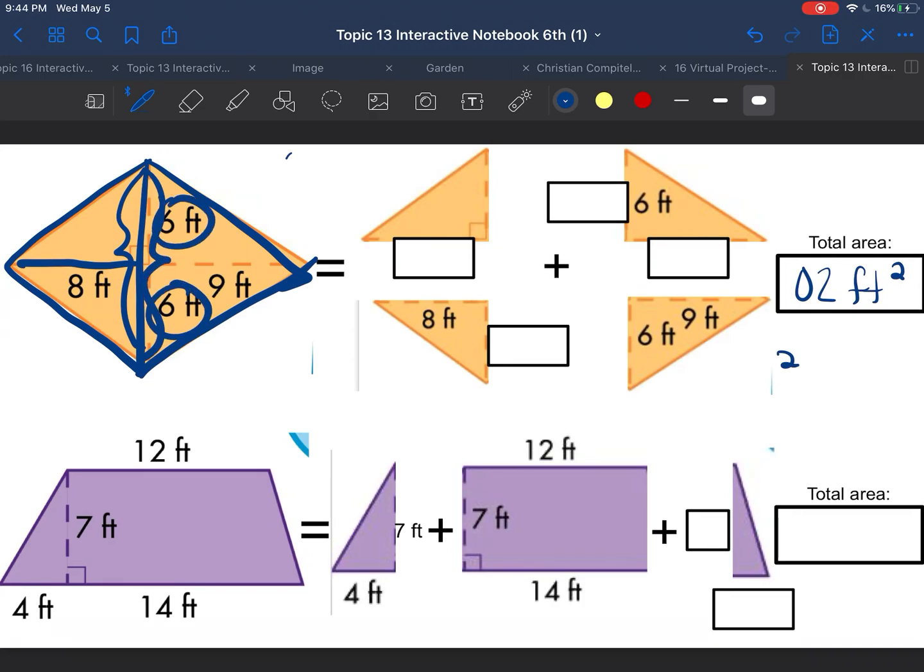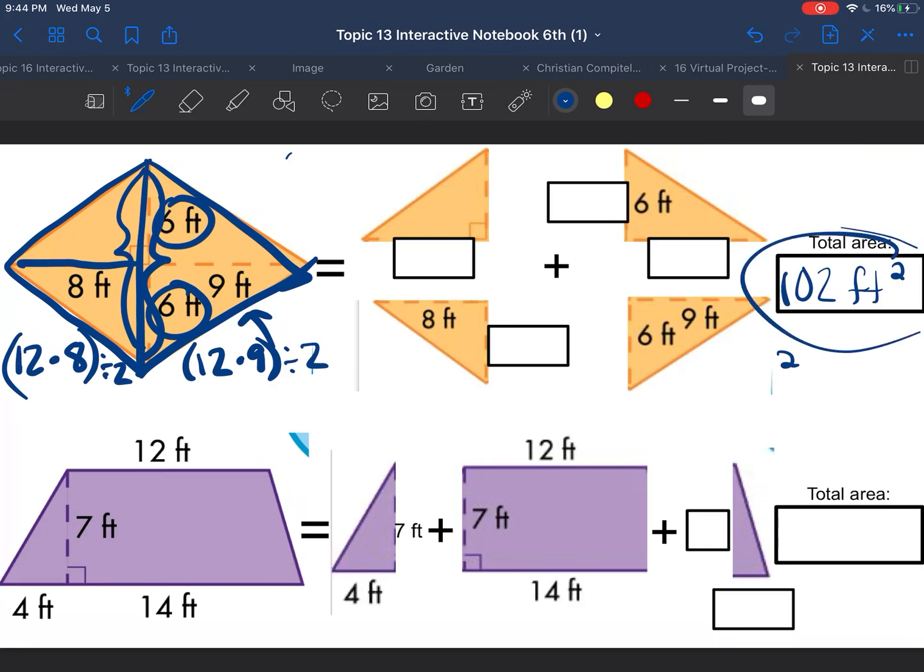So you would have a triangle with a base of 12 and a height of 8, and then you divide by 2. And over here, you would have a triangle with a base of 12 and a height of 9, and then you divide by 2. If you did that, you would get the exact same area as we got over here, which is 102 feet squared. So you can break up the shape into anything you want as long as you can still find the area of it.